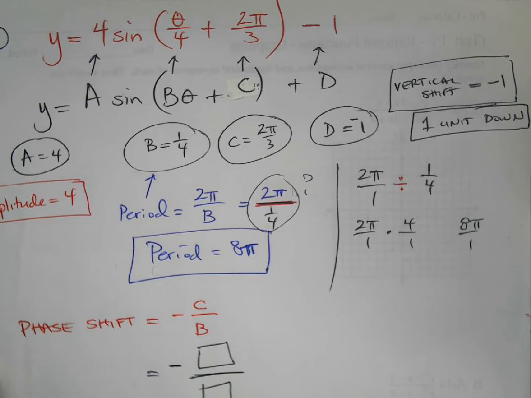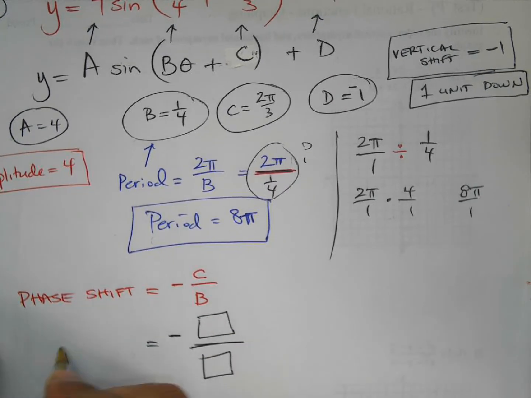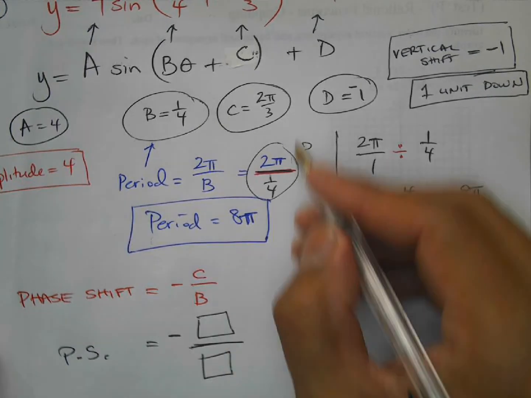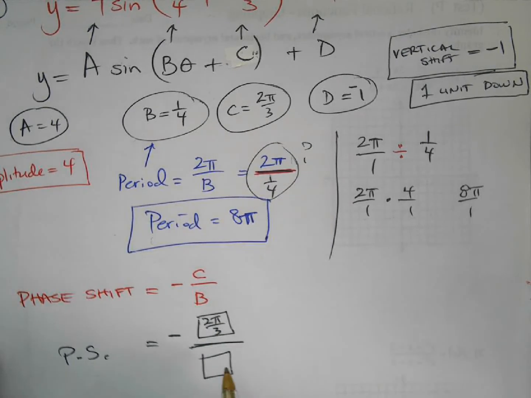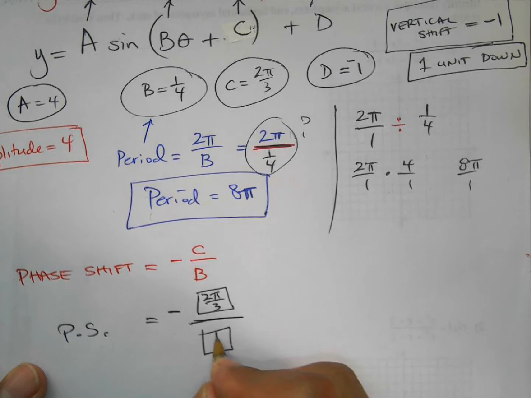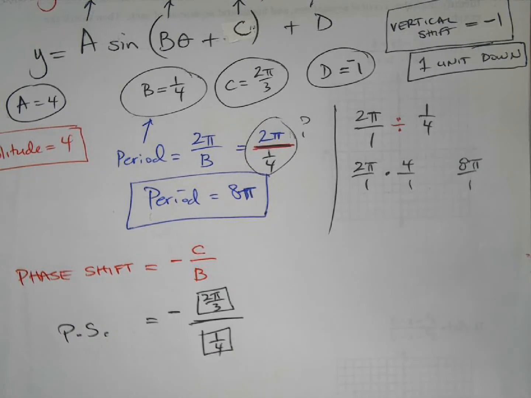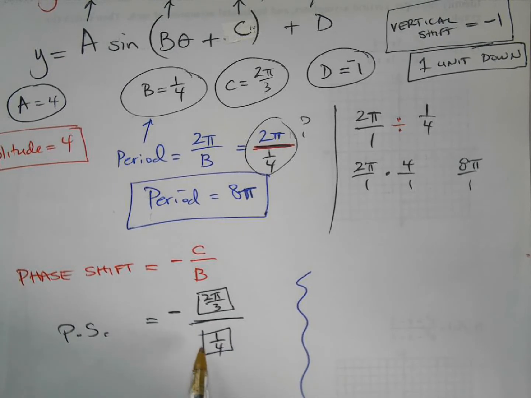What is my C value? I'll put PS for phase shift. C is 2 pi over 3 divided by B, which is 1/4. Again, here's where you do side work. I know it's going to be a negative.